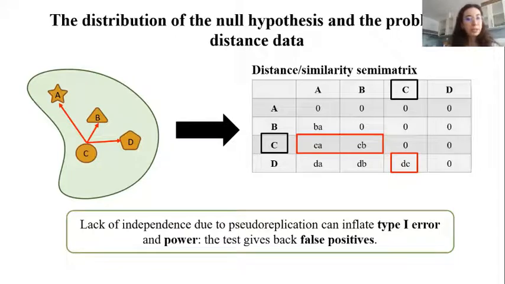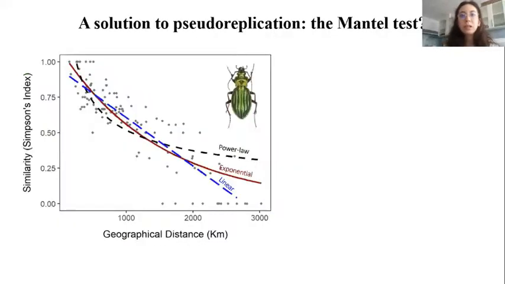This pseudoreplication effect can inflate type 1 error and power of a test that does not account for it. This means that it's going to give back false positives. So we need another way to estimate the distribution of the test under the null hypothesis.